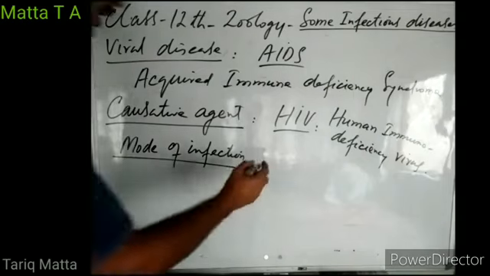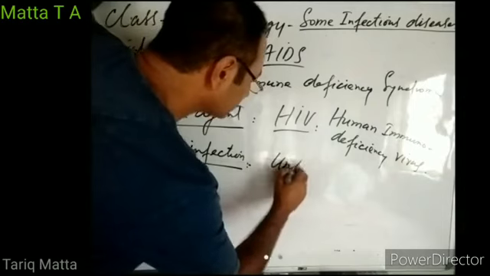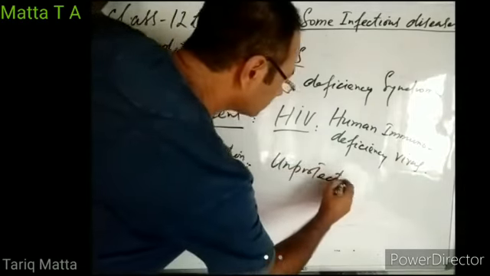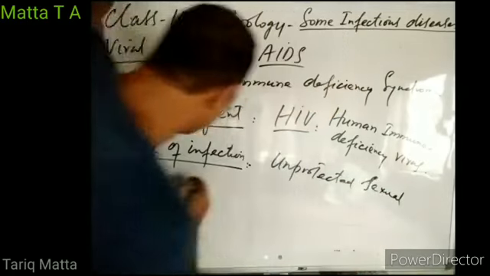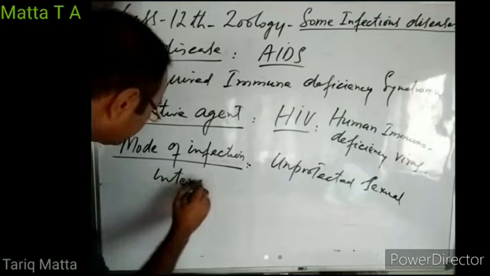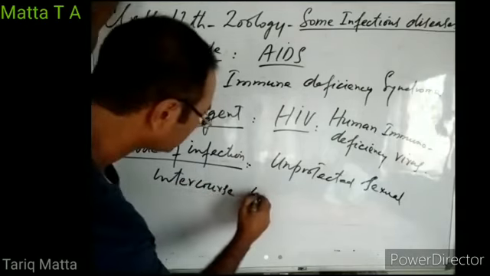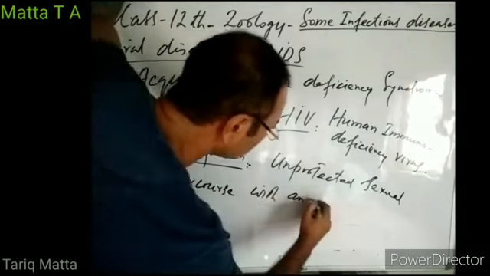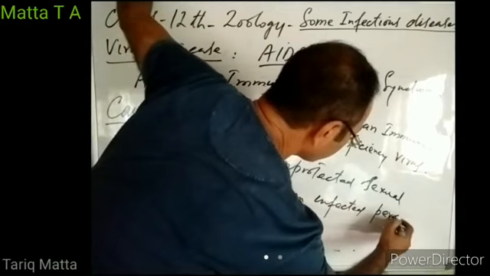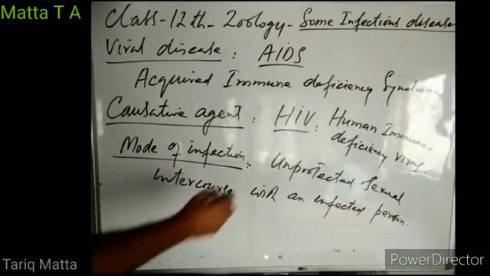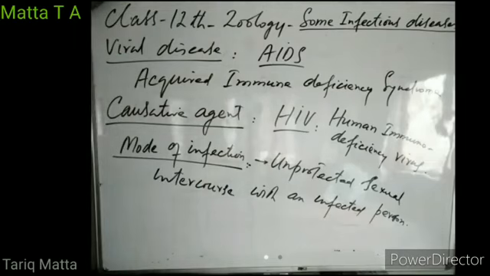So if a person goes for unprotected sexual intercourse with an infected person, he is likely to get AIDS. So infection occurs from an infected person to a normal person through unprotected sexual intercourse.